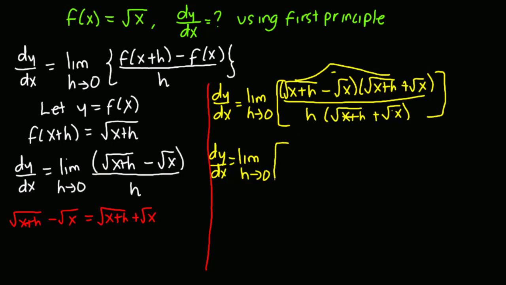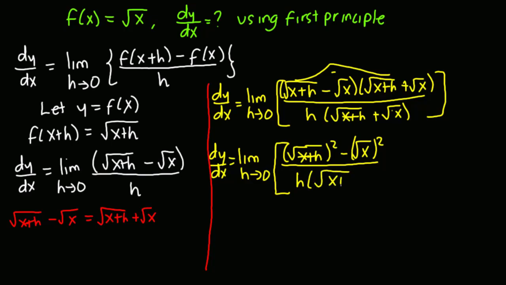So I can say that this is the same as square root of x plus h all squared minus square root of x also all squared, all divided by h into bracket square root of x plus h plus root of x.